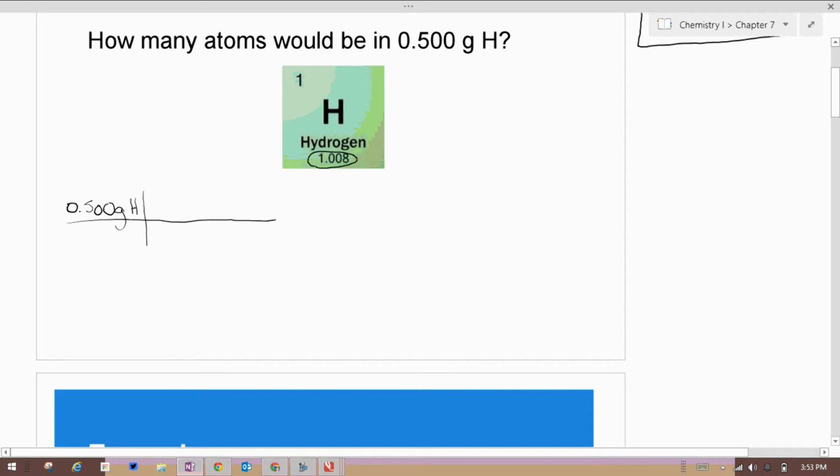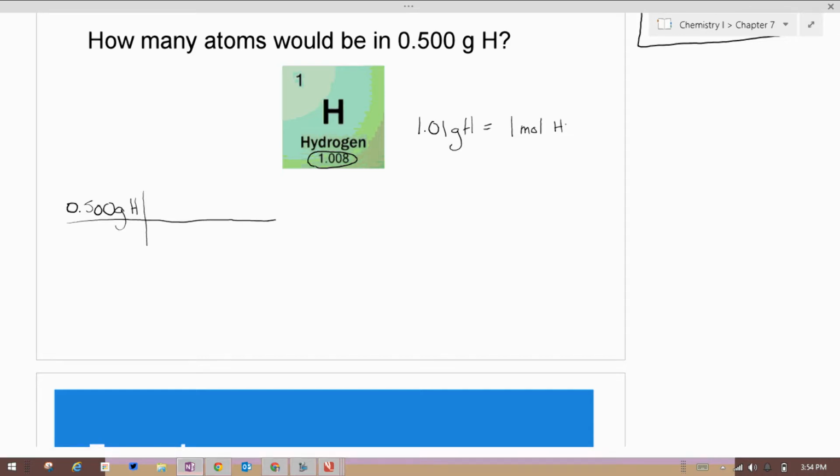So that mass in grams is equal to 1 mole of hydrogen. So 1.01, I'll write it right here, 1.01 grams of hydrogen is equal to 1 mole of hydrogen. So that's what I'm going to put in my conversion factor boxes here.